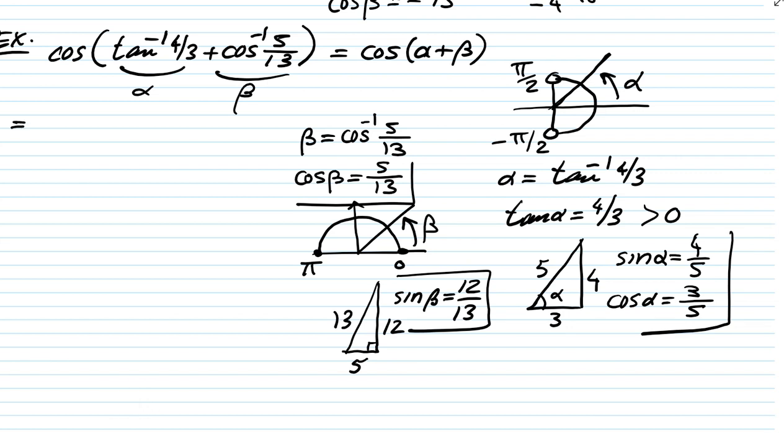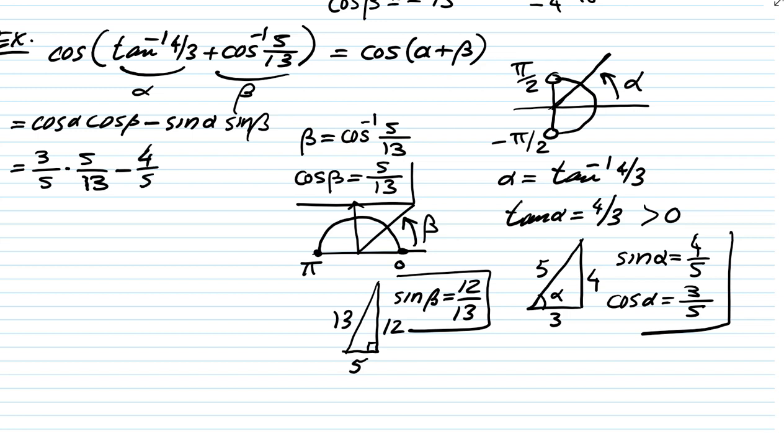So this is going to equal, the formula is cosine cosine minus sine sine. Okay. Cosine cosine, cosine alpha. So I have 3/5 times 5/13 minus sine is 4/5 times sine beta, 12/13.